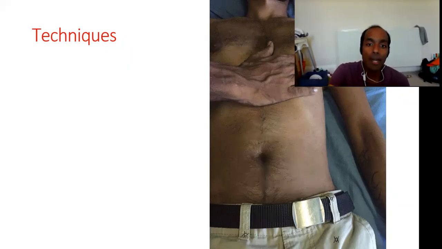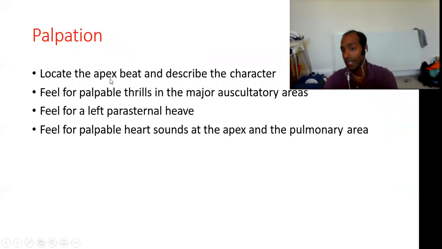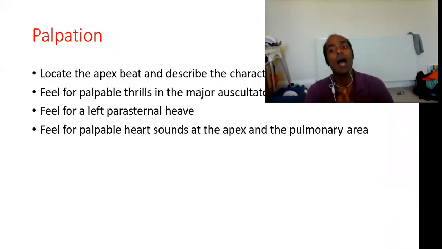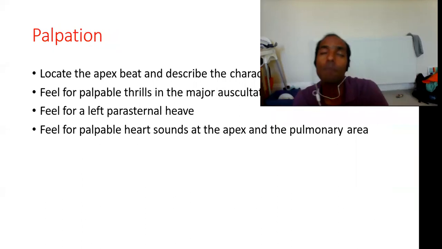Okay. So going back to the principles then of palpation, locate the apex beat, describe the character. Okay. Character would be normal, tapping apex, thrusting apex, which is a forceful but non-sustained apical impulse, which is usually displaced.